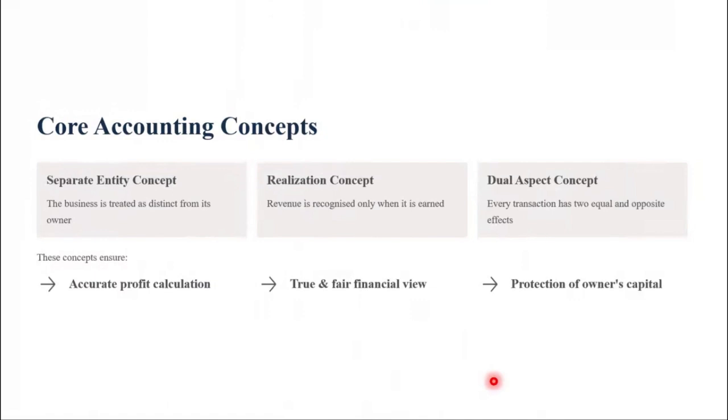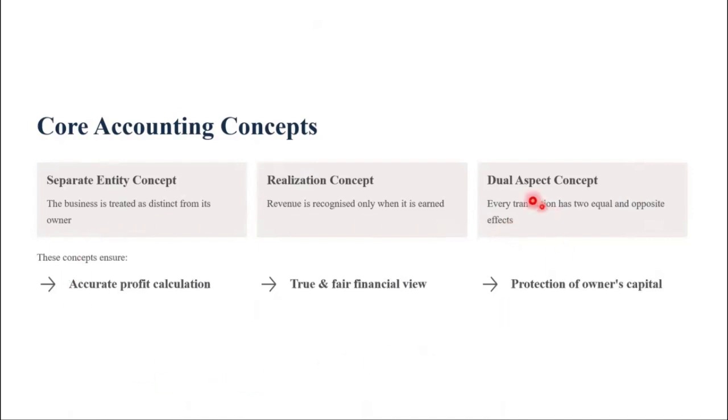Before we conclude, we must remember the concepts that guide these rules. The separate entity concept reminds us that the business is distinct from its owner. The realization concept tells us exactly when revenue should be recorded, and the dual aspect concept is the very reason we have debits and credits in the first place.